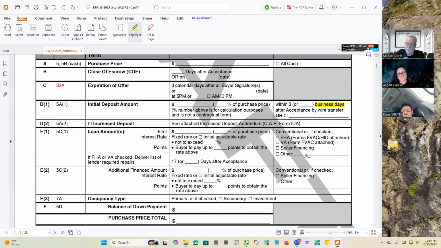Now, first of all, this is really important if you have a financing contingency. If you don't have a financing contingency, it's meaningful, but not as important. What I mean is, if you have a financing contingency and you don't write in a maximum interest rate, and interest rates go up, and the buyer says, well, I just don't want that loan at that rate, too bad.